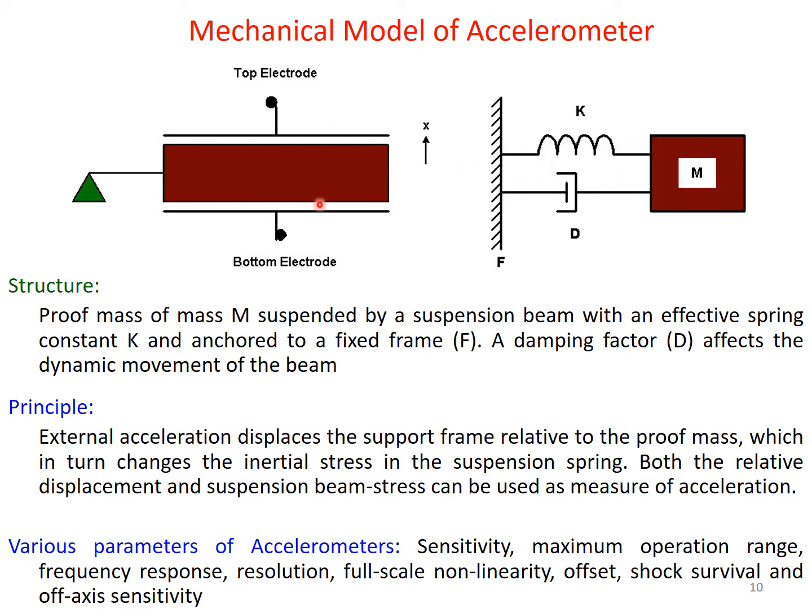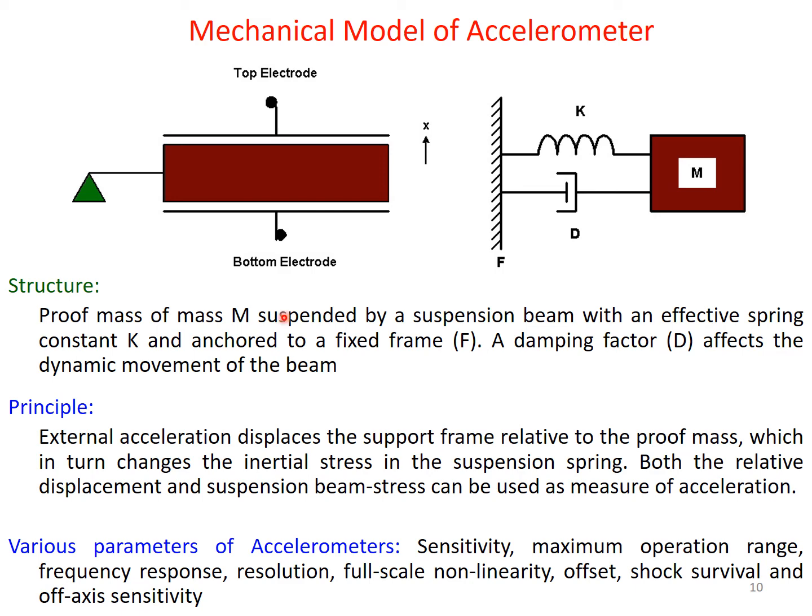And here is another simplified view where this is your mass, and with this mass some spring arrangement is there, and here we have some bottom electrode or top electrode. When this moves, the gap between the electrodes will change, and that can be converted in terms of the capacitance, just for example. So this is just the mechanical model, right?